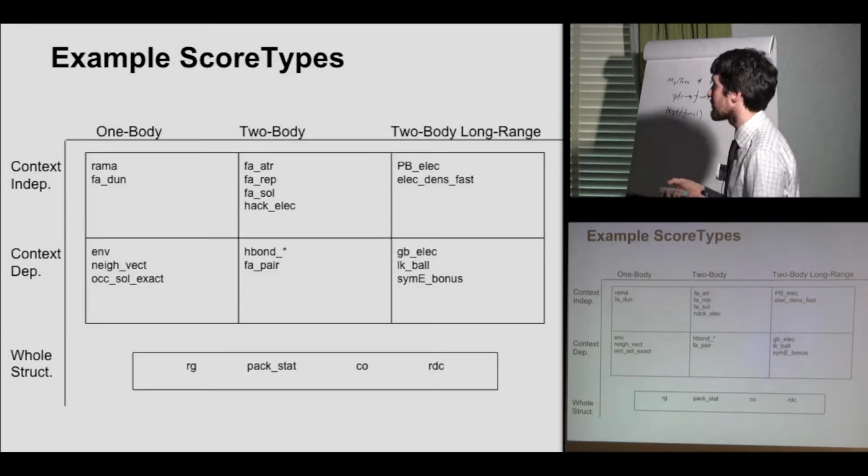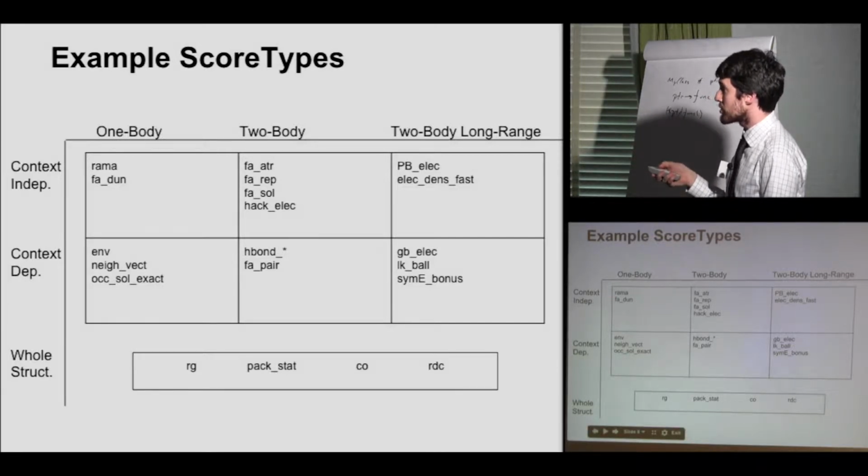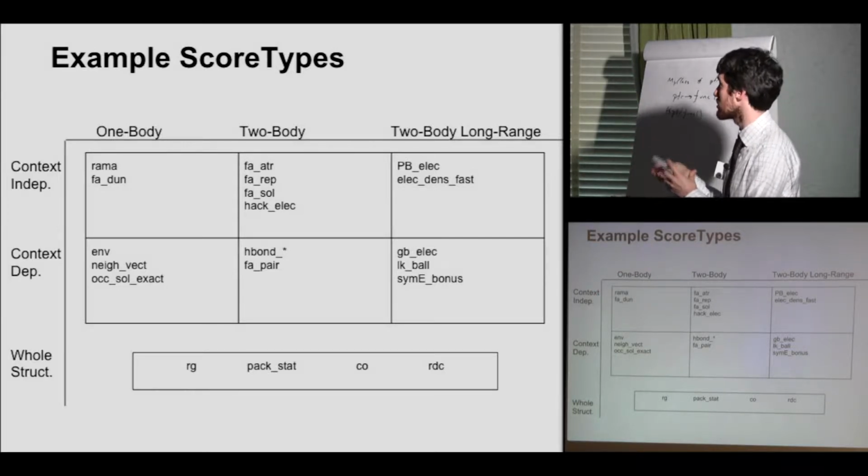Just to give you some examples of score terms that fit into these different types, the Ramachandran term just looks at the backbone phi-psi angles, and fa_dun is the Dunbrack term, which just looks at the side chain conformation. It may be backbone dependent as well. These are one-body terms because they just look at the conformation of a single residue.